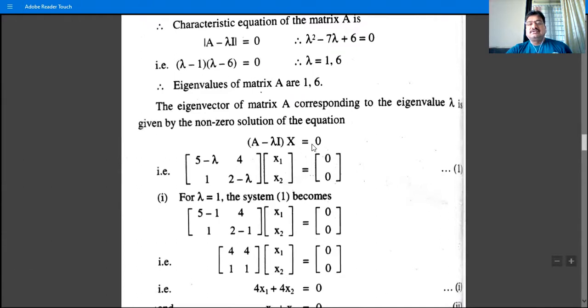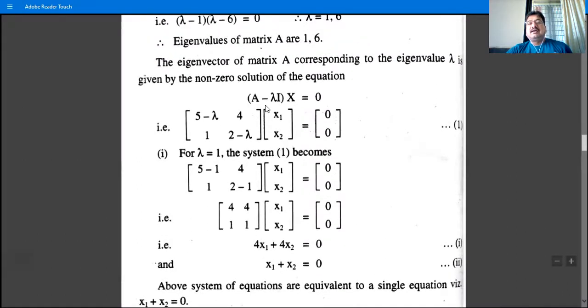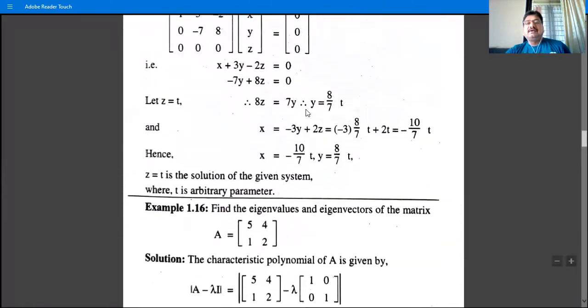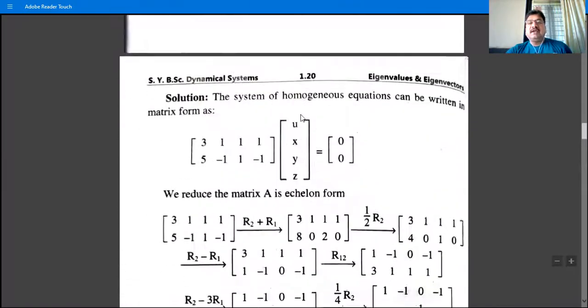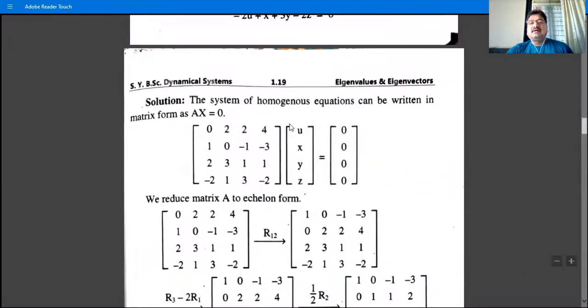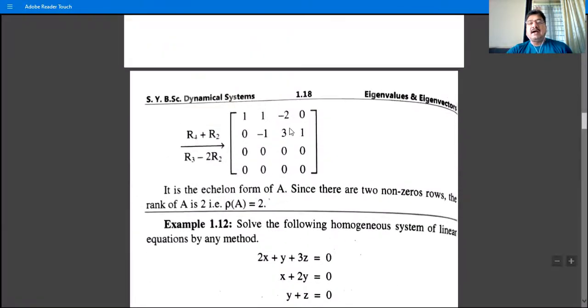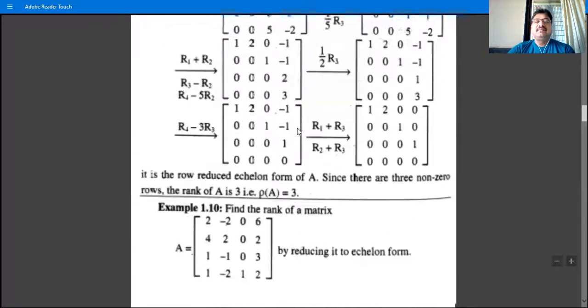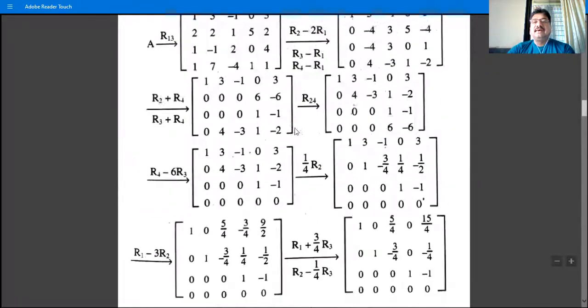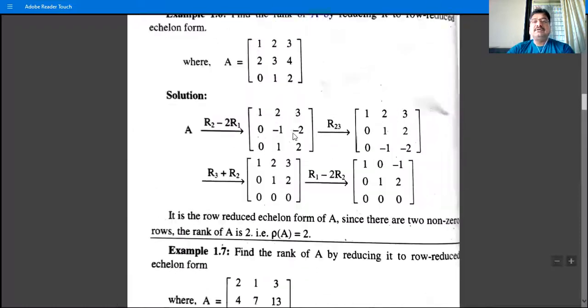So we have to solve this equation, A minus lambda I x or lambda I minus A x is equal to 0. We have to find the solution of the equation A minus lambda I x equal to 0. Remember this: this is the procedure to obtain the eigenvectors. That is, we solve A minus lambda I x equal to 0, or lambda I minus A x equal to 0, in order to find the eigenvectors corresponding to eigenvalue lambda.